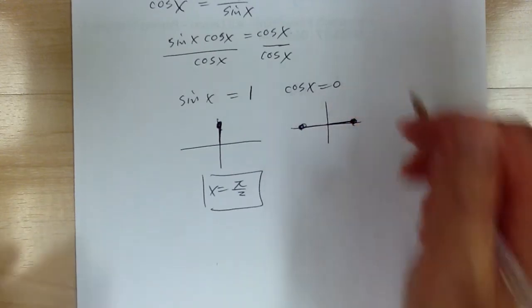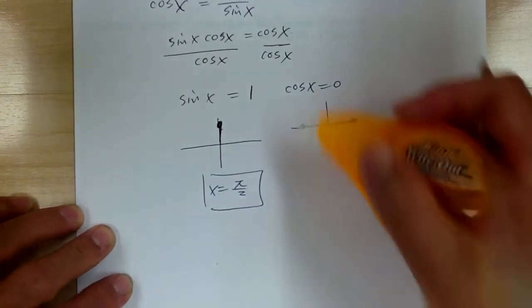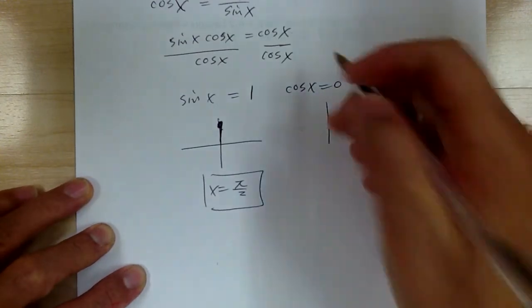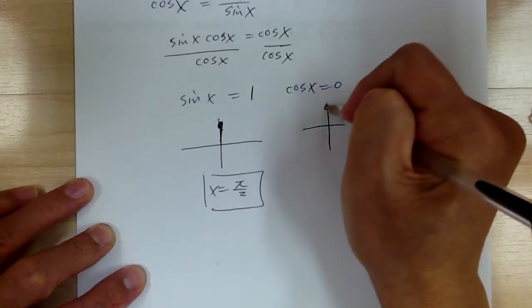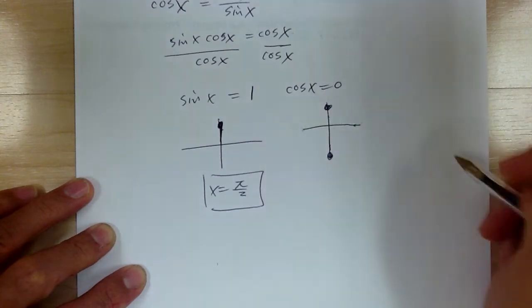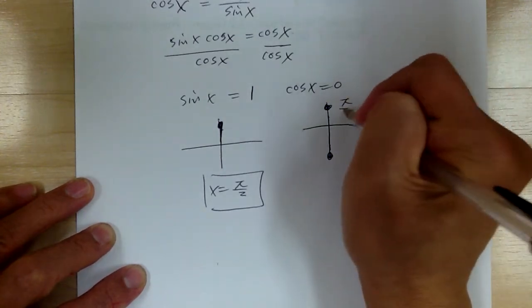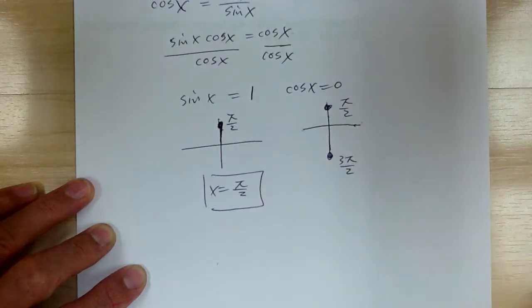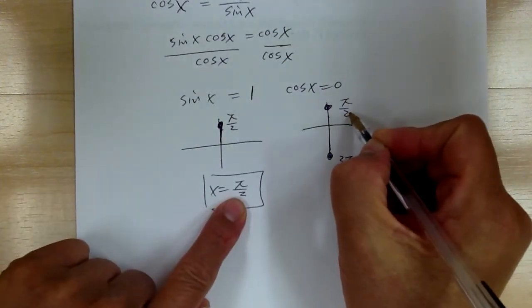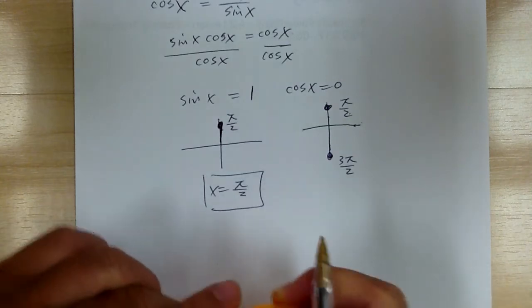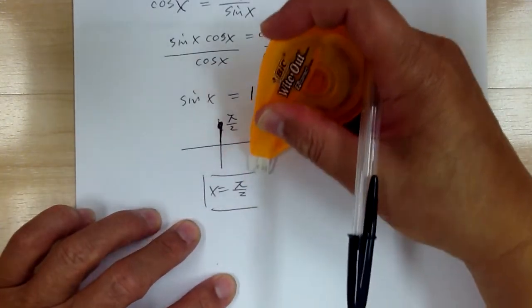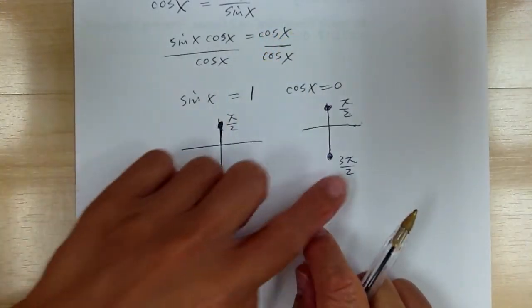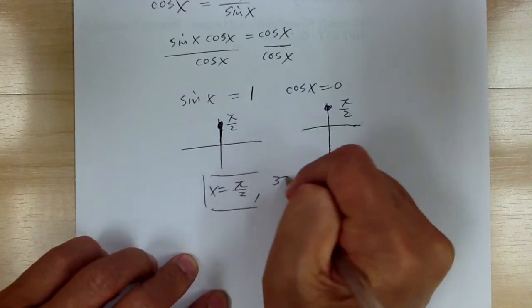Cosine equal to 0: cosine is horizontal, so equal to 0 is right over here and right over here. So you're going to get pi over 2 and 3 pi over 2. But the pi over 2 you already have, right? So all you need is to add this one on. So this one is from here, and this one is going to be 3 pi over 2.